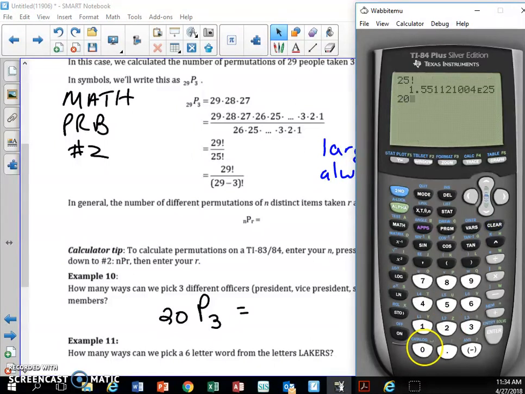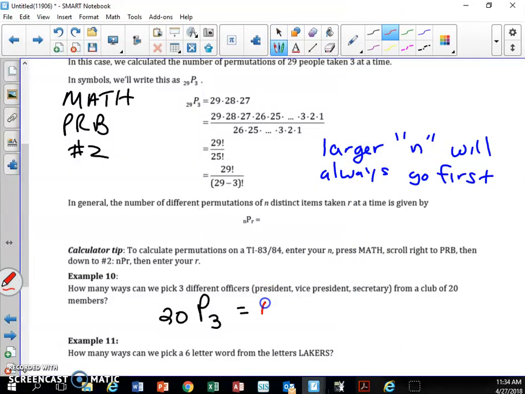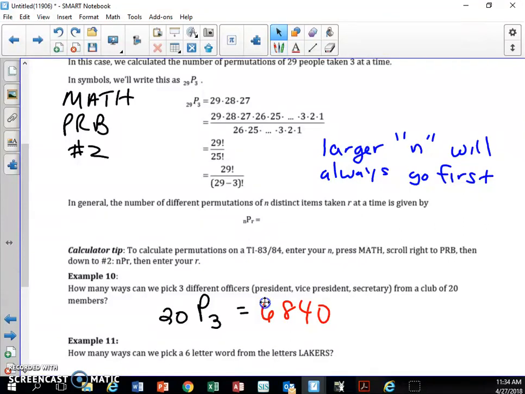So 20, math, probability, option 2, 3, 6,840. If you have one of the newer 84s, then if you go to math, PRB option 2, it literally comes up for you. You don't necessarily have to type the number first.